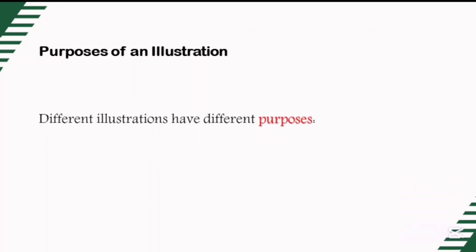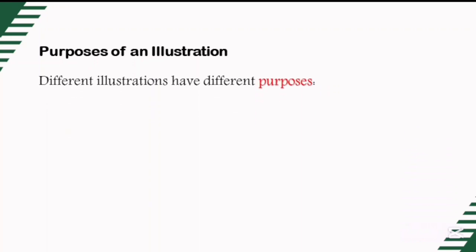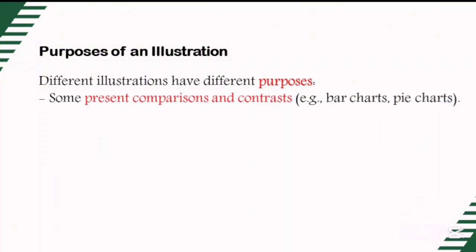Different illustrations, as we explained, have different purposes. One is for describing a process, the other one is for comparison. So what are these purposes really? Some present comparisons and contrasts, for example, the bar charts or pie charts.